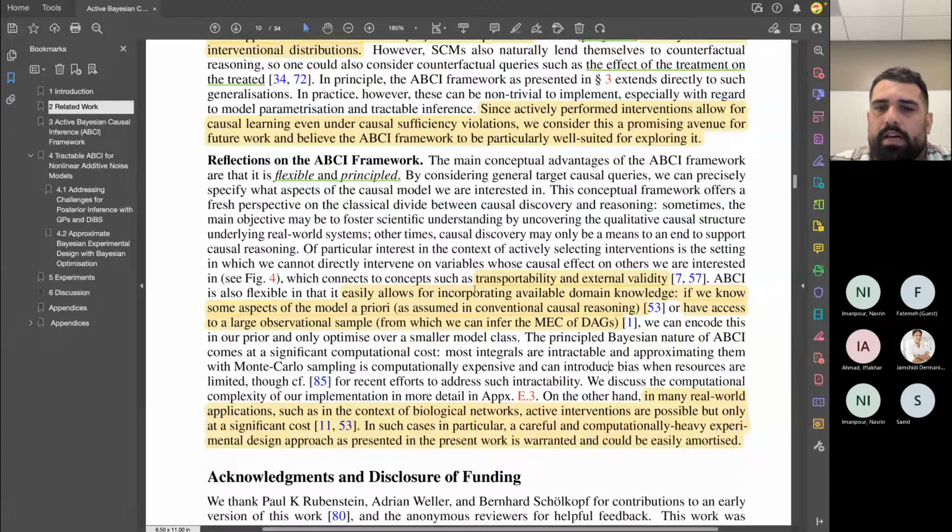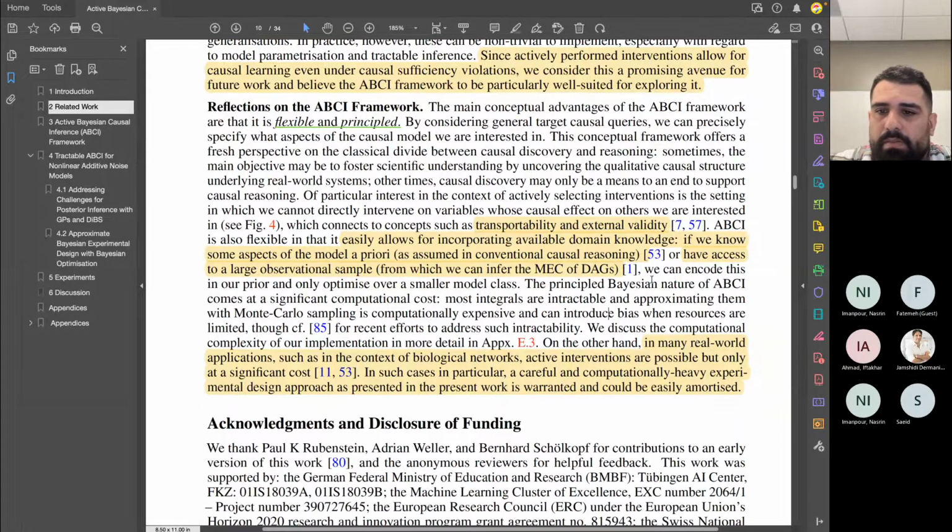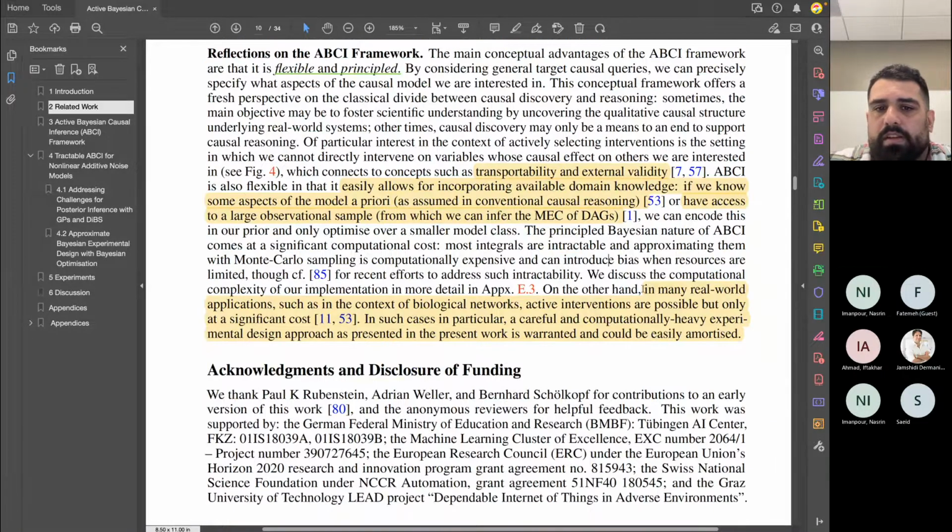Then they talk about how this can be combined with transportability and external validity concepts in causal inference. And they also mentioned that in real world scenarios such as biological networks, active interventions are possible, but only at significant cost. And this framework, because it's not learning the full causal model, can help with that as well.